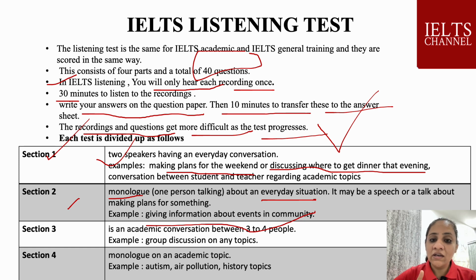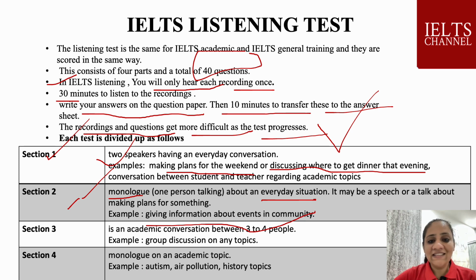So this is given by only one speaker. That is called a monologue. That is fixed for section 2. If you look at any Cambridge listening test, you can see the same stuff, and in the exam they have divided the sections in this way.